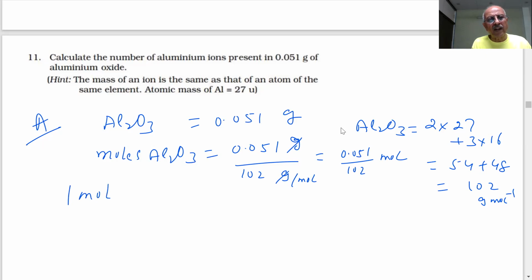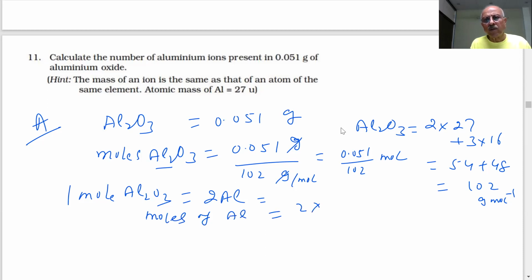But 1 mole of Al2O3 contains how many aluminium? 2 aluminium. There are 2. So how many moles of Al will be there? 2 into 0.051 divided by 102 mole.